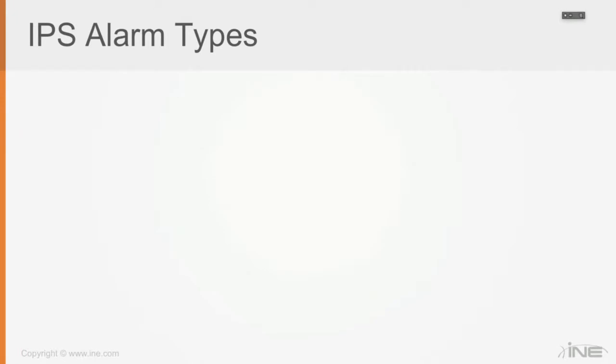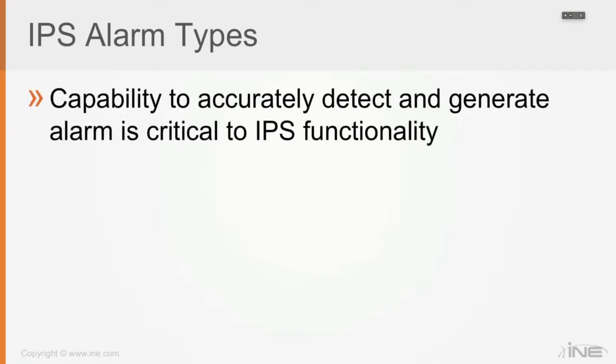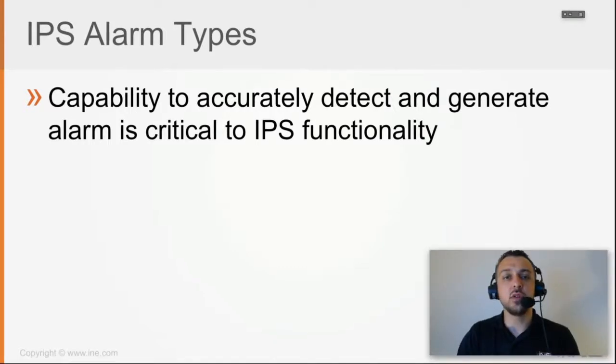Now, it doesn't matter if you're running IDS mode or IPS mode. When an event happens, the IPS is going to trigger an alarm. What we want is for the IPS to accurately detect and generate alarms, and that's critical for the IPS functionality. Of course, if it's deployed inline, you want the IPS to block the attack.